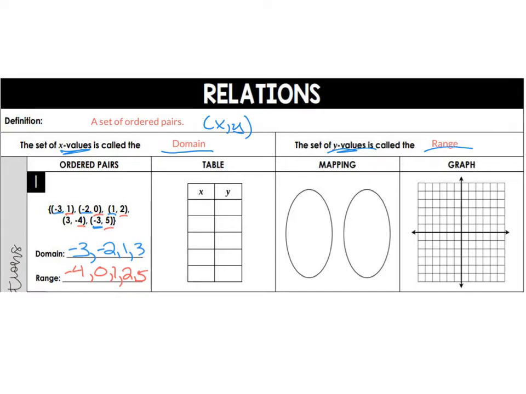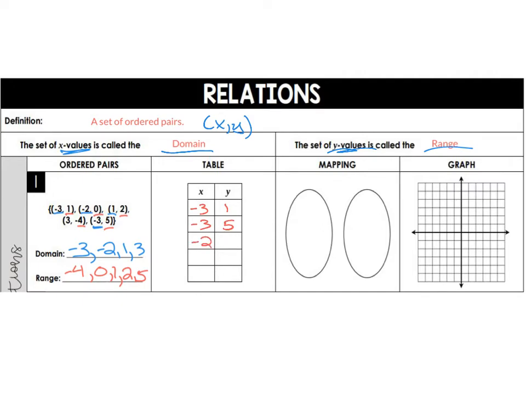If we look at these, the other way we can take these same ordered pairs is to put them into our table. Now, again, a lot of times with these, we're going to try to put them in numerical order, least to greatest. But the important part here is your x and y's match up. So if we got -3 and 1, I'm going to jump down there to the -3, 5, just to try to get our x's in order as best we can.